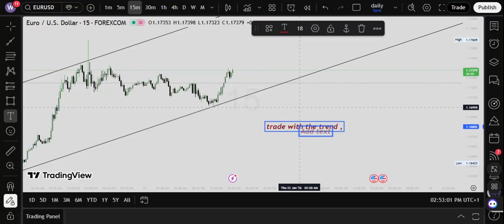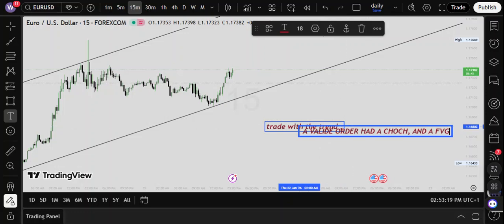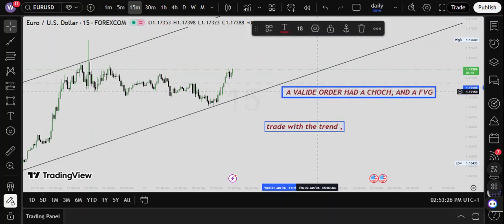Let me put it this way: a valid order block has a CHoCH, that is a change of character, and an FVG. So when you have this as your confidence for your entry, I'm talking about entry points now, right? For you to have a valid order block, it has to have a change in market character and an FVG.